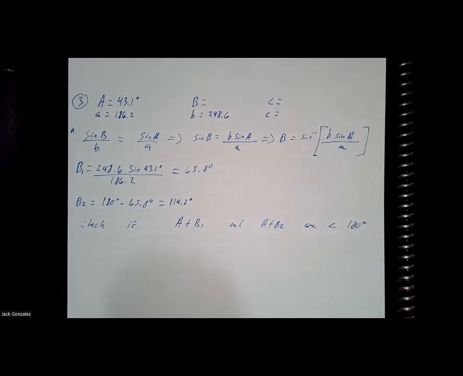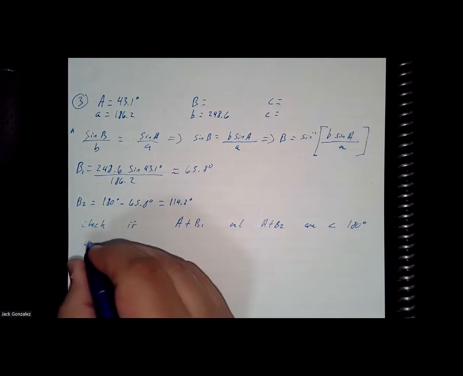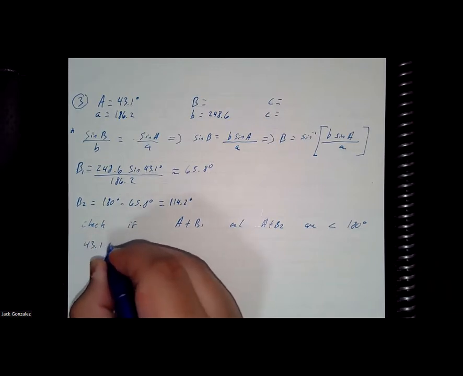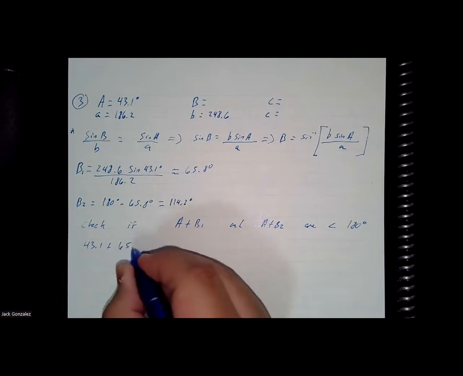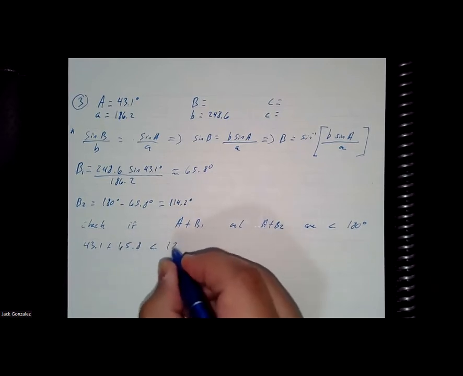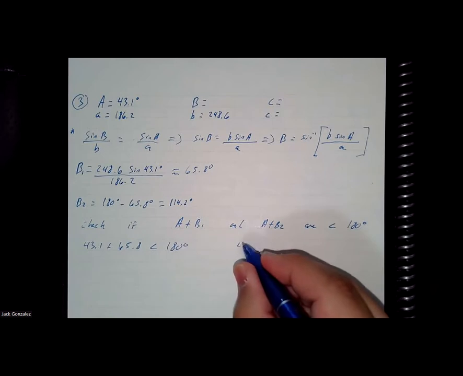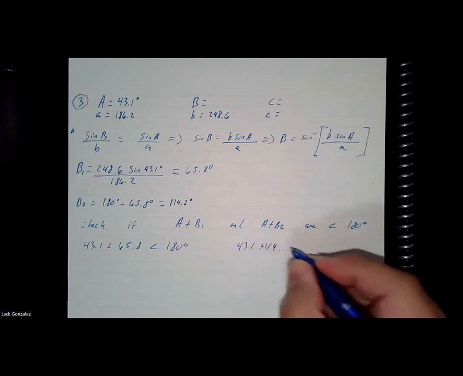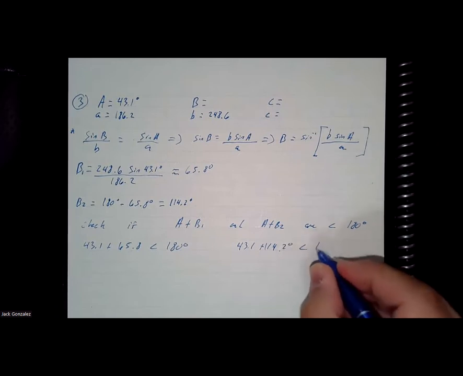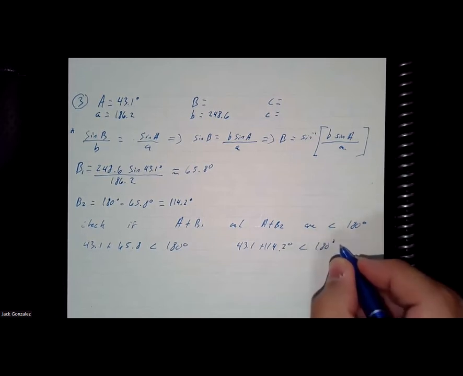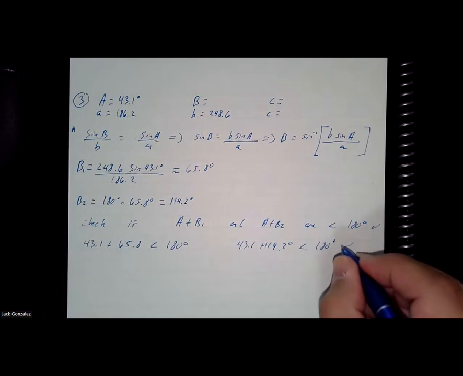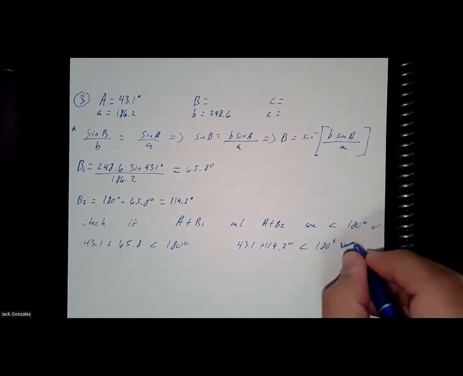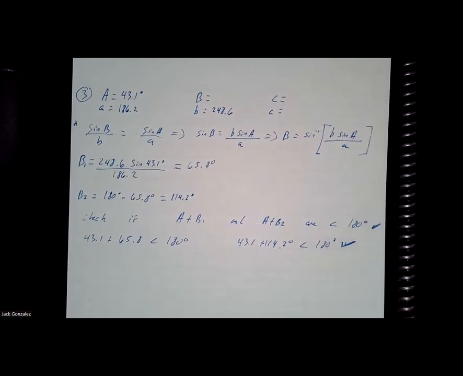Okay. So 43.1 plus 65.8 is in fact less than 180. 43.1 plus 114.2 is less than 180. So we have two triangles, right? Okay, so that's how you verify.